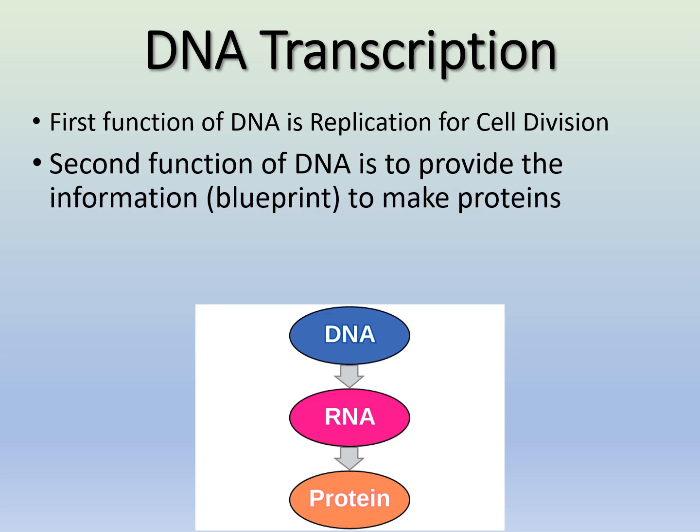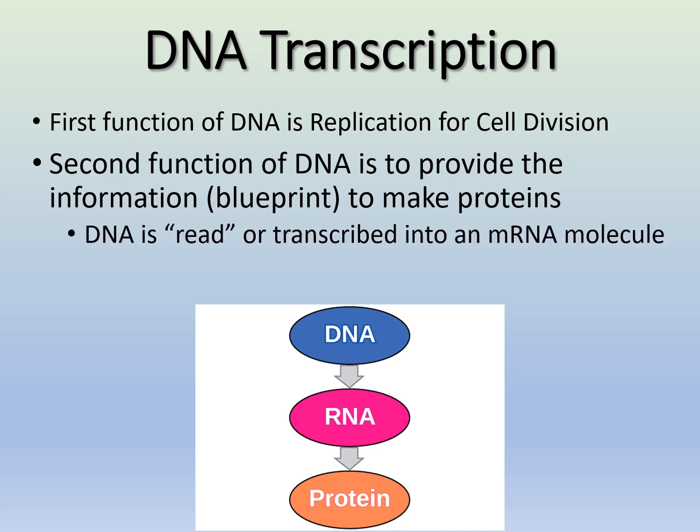The second function of DNA is to actually provide the blueprint or information to make proteins. And this is where we're going to find transcription and translation. We read our DNA, or another word for it is transcribing the DNA into a messenger RNA molecule.